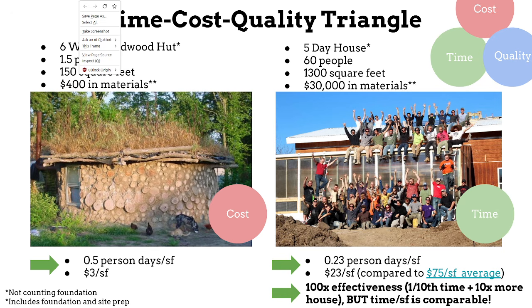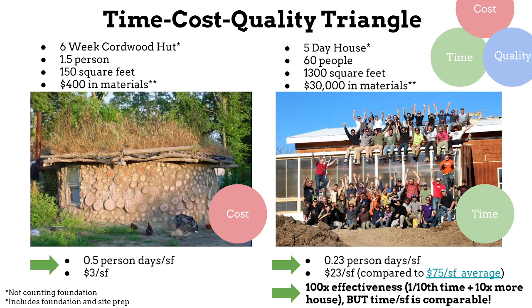You have to put labor into it, no matter the case. In natural construction, you don't spend a lot of time thinking, you just spend a lot of time using your muscles. But what's the point of that? It's $23 a square foot.